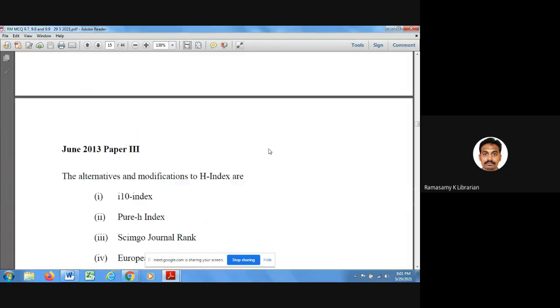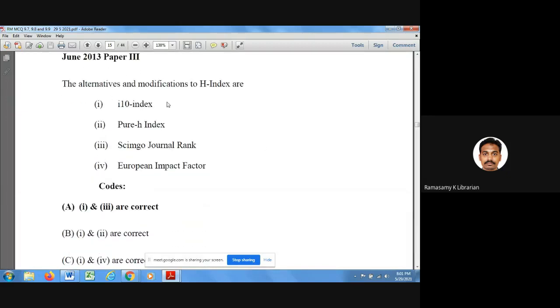Next one, the alternatives and modifications to the h-index. When people felt that the h-index is not sufficiently portraying the research productivity or its impact, they went for the i10 index. I told you, how many papers have got at least 10 citations. The i10 index was formulated by Google Scholar. And the second one is the pure h-index. It was developed by another group of people.